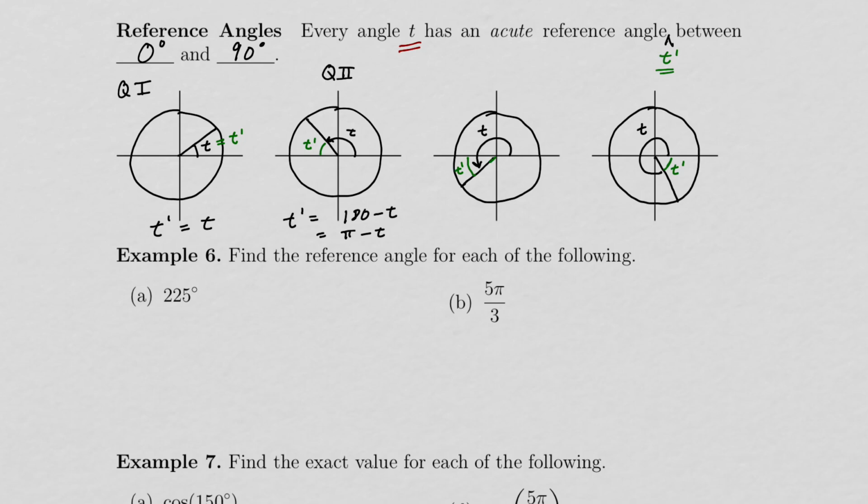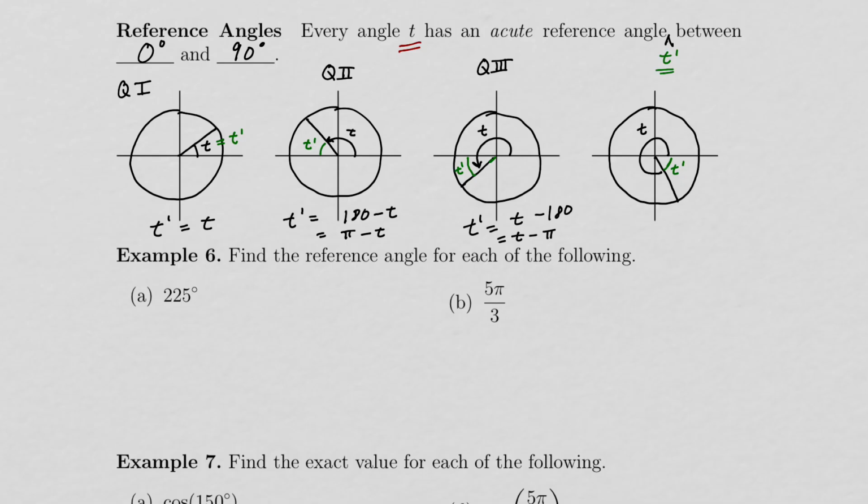Quadrant 3, how would I figure it out in this case? Well, remember, from here to here is 180 degrees, right? So if I take the actual angle and I subtract 180, that's going to be what's left over, which is my reference angle, right? So if I'm in the third quadrant, t prime is equal to t minus 180. Or it's equal to t minus pi, if you're in radians, depending on whether you're in degrees or radians.